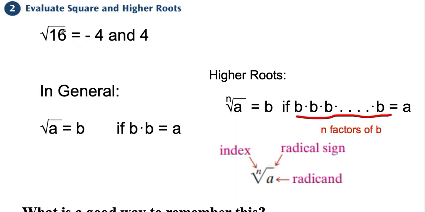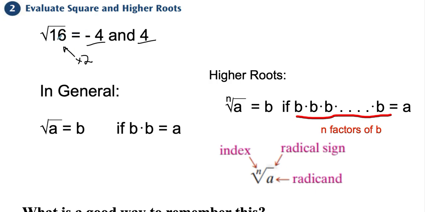So when we're working with radicals, which works similar to exponents, you ask yourself, what number times itself twice gets me to a 16? In this case, negative 4 and 4 both get me to a 16. However, in general, you usually just take the absolute value of that and you're going to take the positive. Okay?